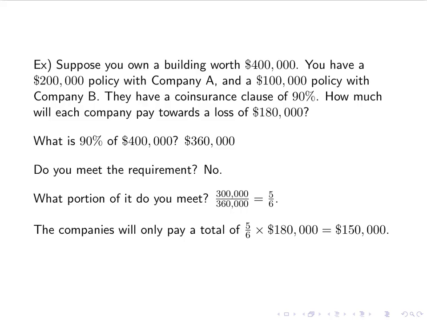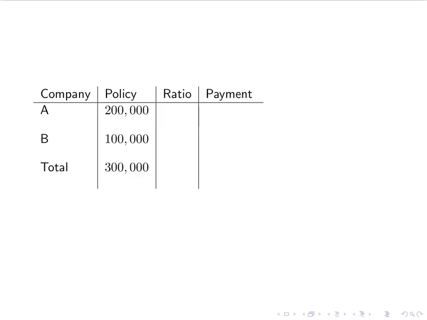So once we find that amount, this is going to be what our total should end up being, and this 150 is what we're going to multiply the ratios by. So we set up our table, and Company A has a policy of 200,000, Company B has a policy of 100,000. We already talked about the total being 300,000. So again, the ratio, take A divided by total, B divided by total.